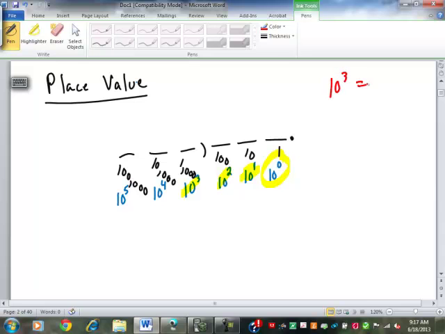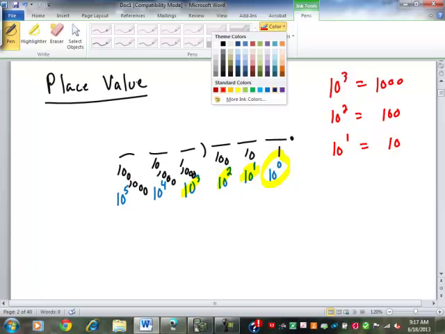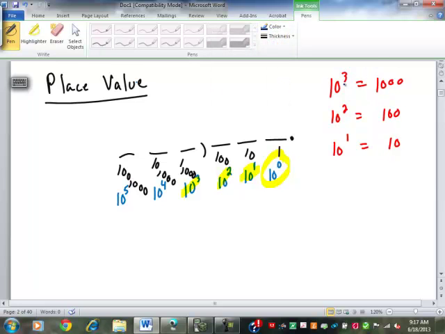10 to the third was 1,000. 10 to the second power was 100. 10 to the first power is 10. And we look at this to establish the pattern that when this power goes down by 1, our result over here is divided by 10.